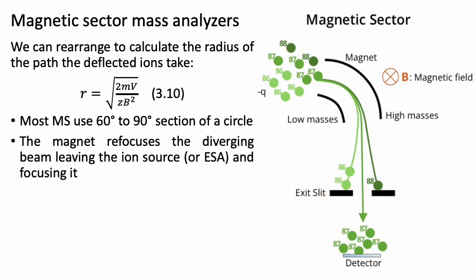The 88 strontium has a greater mass than 87. It's not affected as strongly by the magnet, and it hits the other side. And you can tune the magnetic field and the position of the exit slit, again, to let in the mass that you want to analyze. And this is what allows us to actually analyze our isotopes.